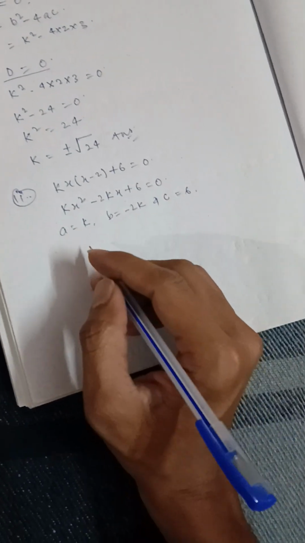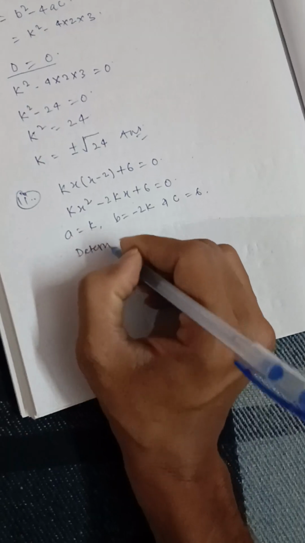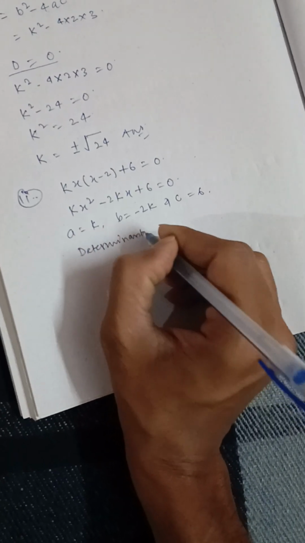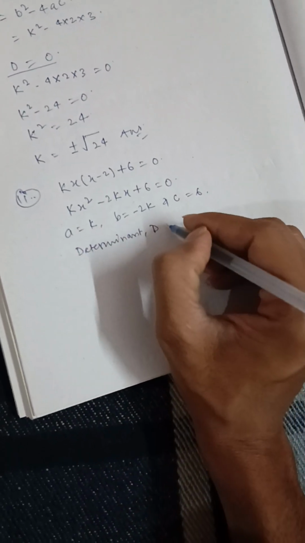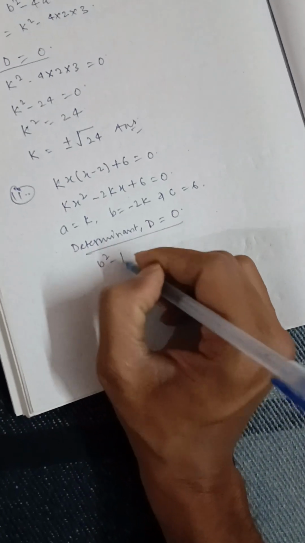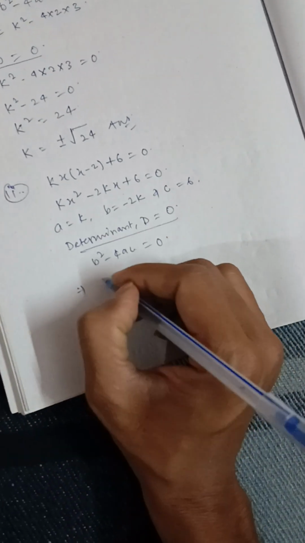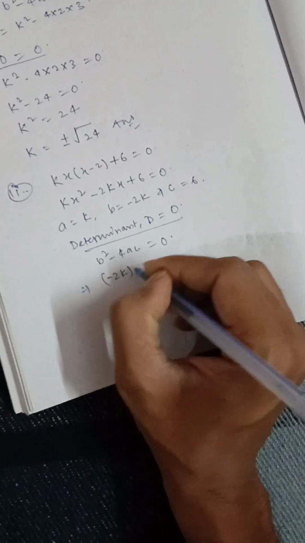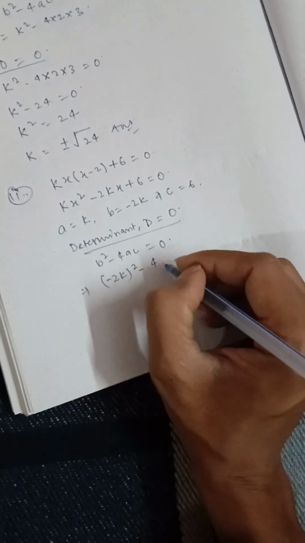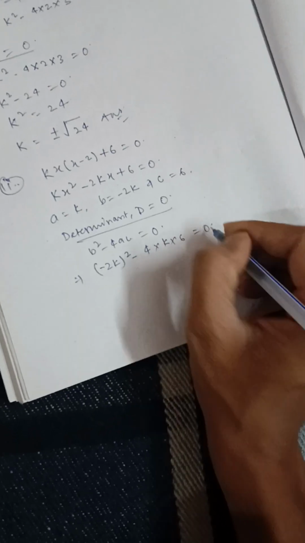For two equal roots, determinant d is 0, so b square minus 4ac equal to 0, that is minus 2k to the square minus 4 into a into c equal to 0.